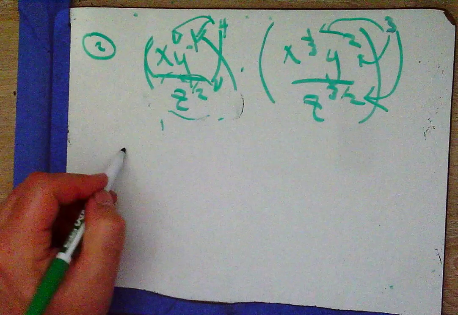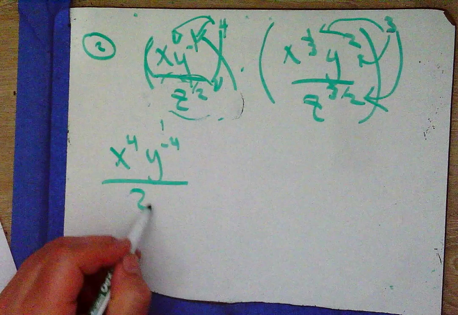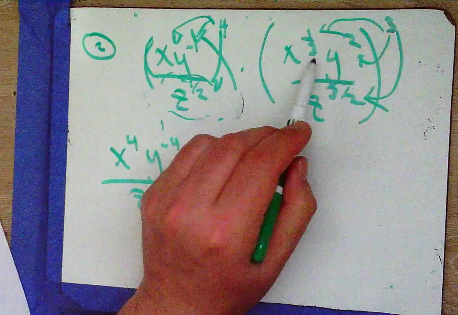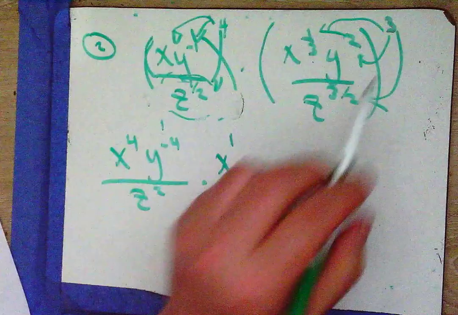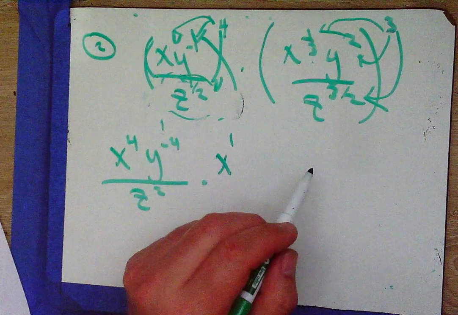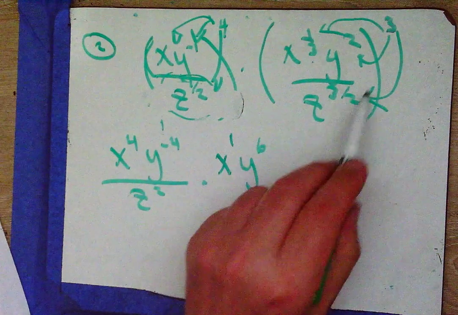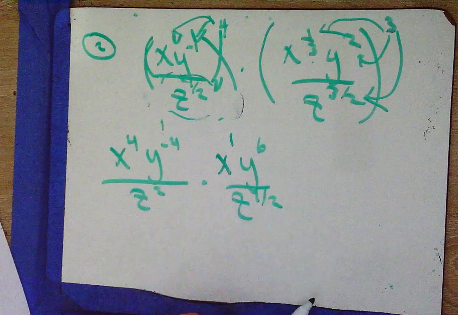And so I'm going to have x to the fourth, y to the negative 4 over z to the second times 1/3 times 3 is 3/3 or 1. And then I'm going to have y to the sixth power. And on the bottom, 3/2 times 3 is going to be z to the 9/2.